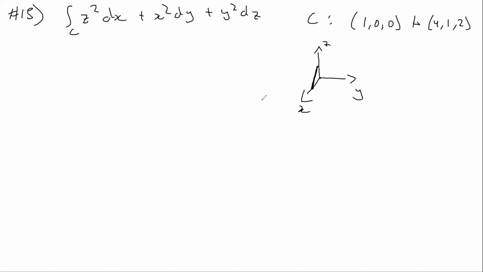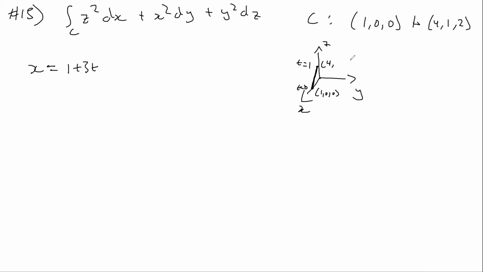All right, so what I want to do is start off by writing down my parametric equations for this line segment. Let's say this point is t equals 0, and let's say that point is t equals 1. For my x values, it's going to be 1 plus 3t, based on the fact that at t equals 1 we have an x value of 4, and at t equals 0 we have an x value of 1.